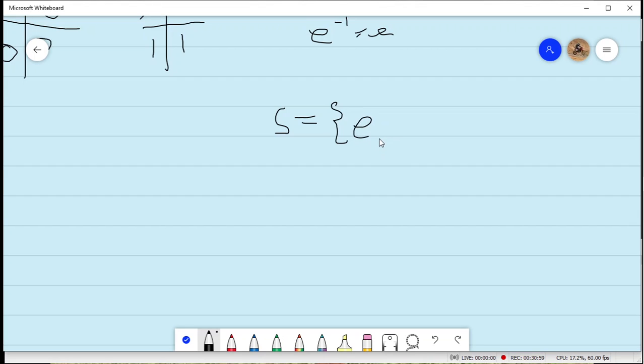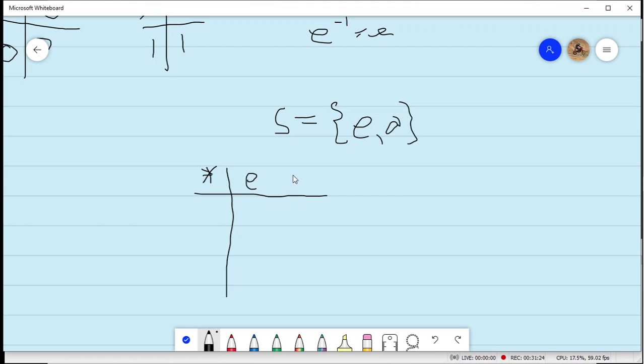Let us call it E. And there is another element, let us just call it A, other than the identity element. Now, if such set constitutes a group structure, let us again denote the operation by asterisk.